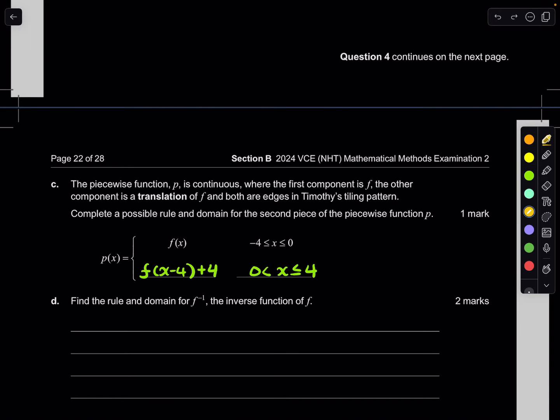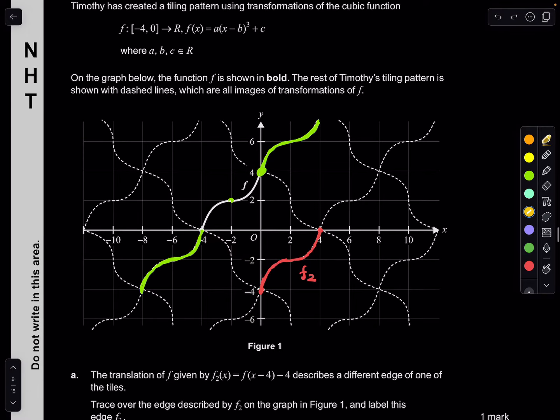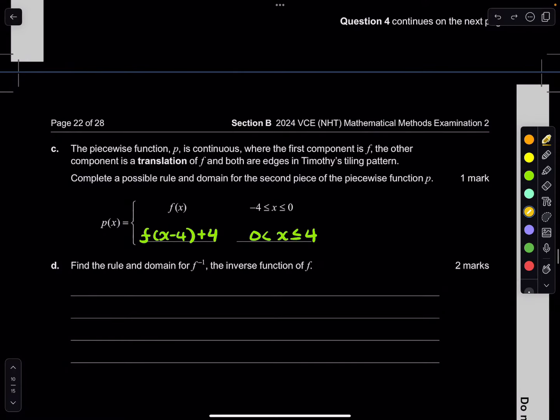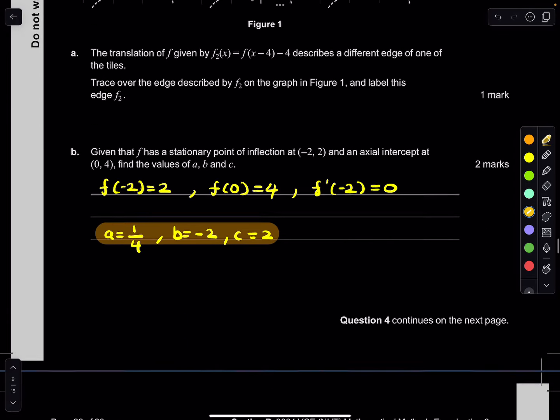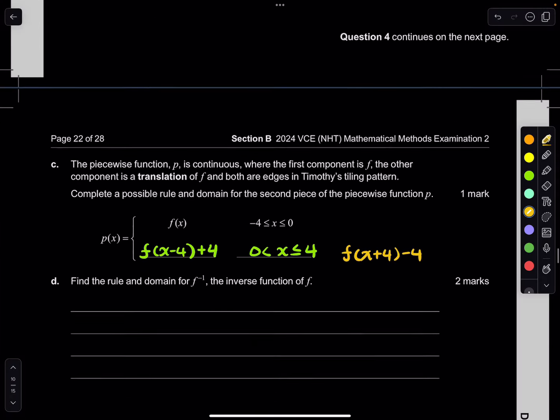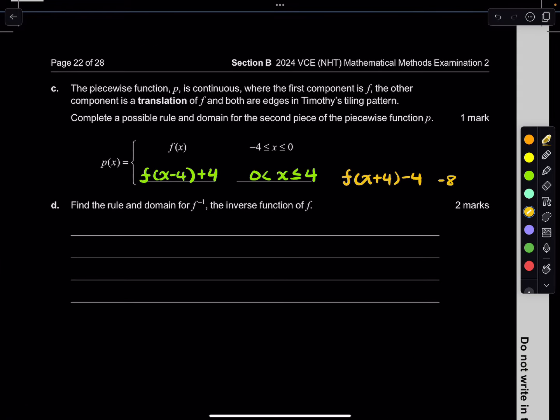Let's draw the other case. Well, the other case is, of course, just translating how many? 4 units left and 4 units down. So it'll be basically f of x plus 4. So 4 units left and 4 units down. And the domain would be basically this. So it'll be -8 less than or equal to x, less than or equal to -4.